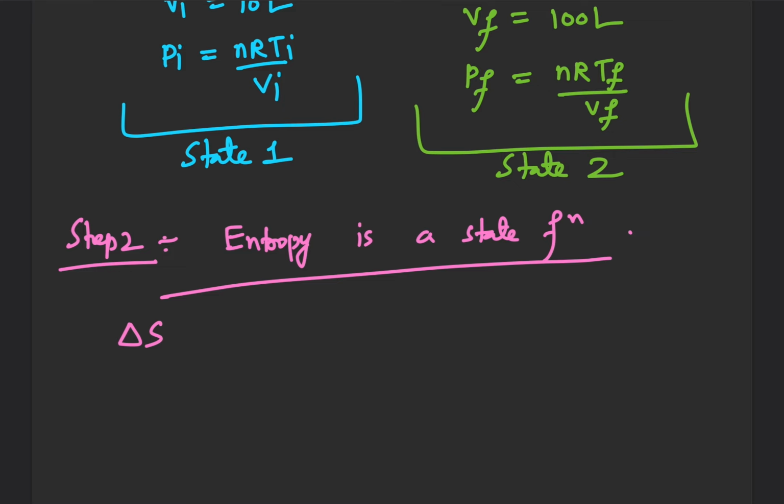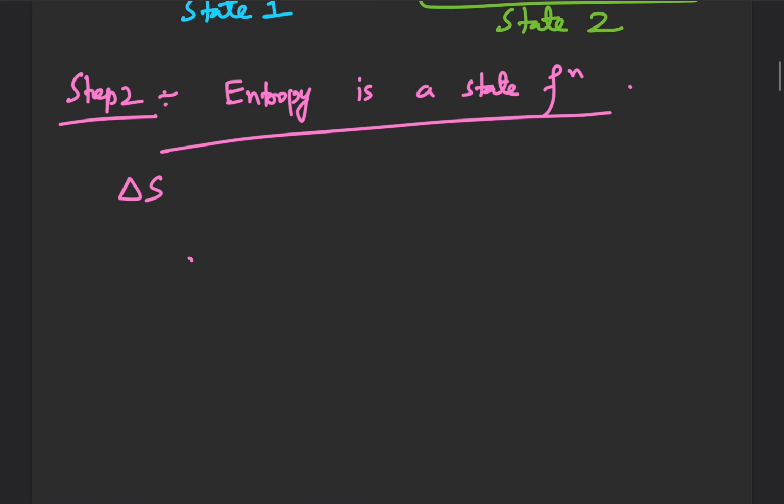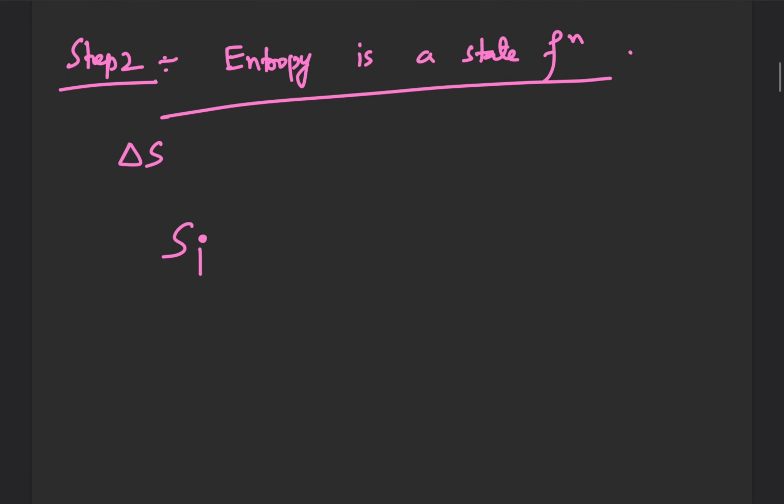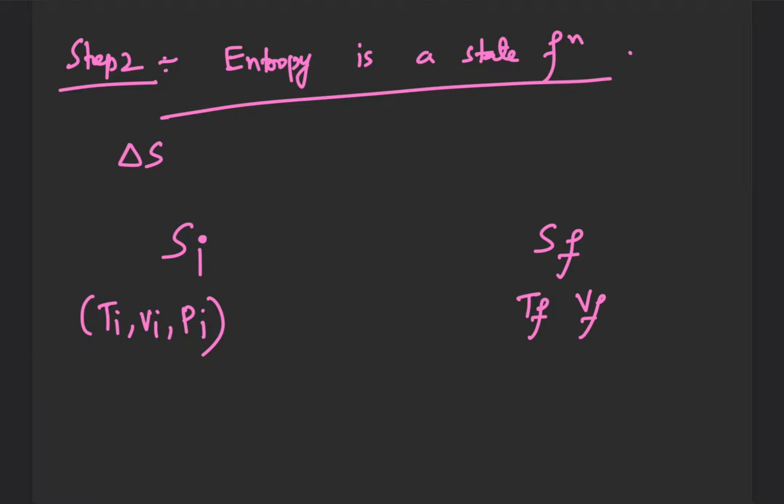delta S. That is, with respect to the diagram, let's say you are in an initial state and its variables are Ti, Vi, and Pi, and you reach a final state and its variables are Tf, Vf, and Pf. It does not matter how you reach the final state.